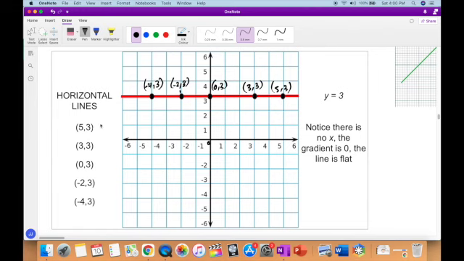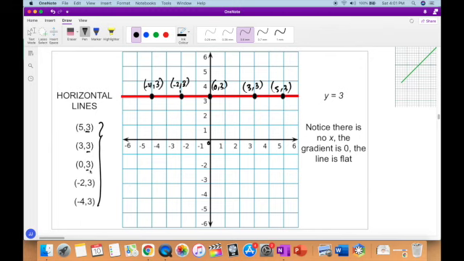So we have all of these points on the line. What do you guys notice about all of these points? They have the same x value, not y value. They all have the same y value.